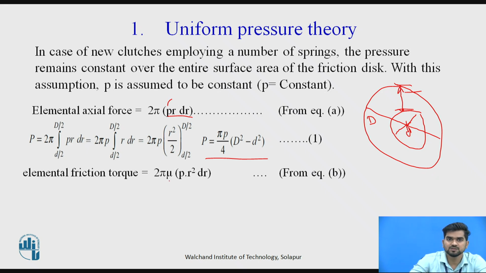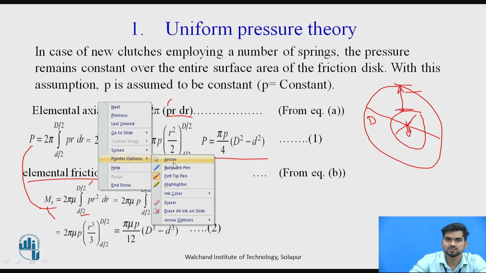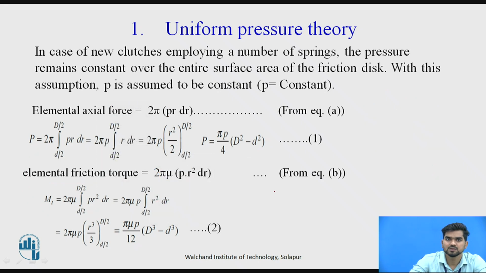Then the elemental frictional torque, we already know this equation from the last PPT. As the elemental frictional torque is this, we integrate it from d by 2 to D by 2 to get the total torque. After integrating, the total torque is pi into mu into p divided by 12 into D cube minus d cube. So this is the total amount of torque. Just I am dividing this torque by the total force.